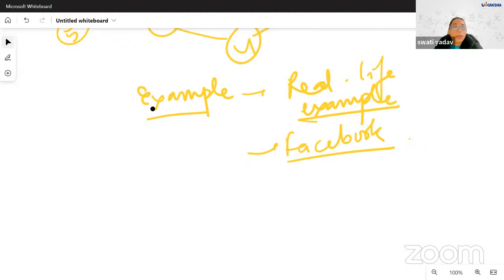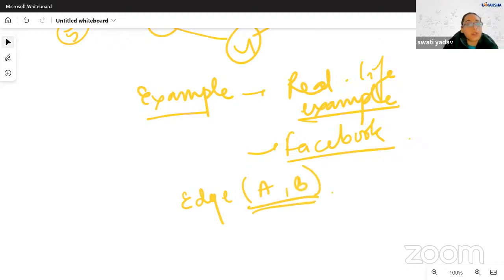So again, one thing to remember is that a graph contains a collection of nodes, which are also called vertices. Now, a collection of edges connecting the vertices, okay, that is represented as an ordered pair. Okay, so you could say one edge could be, let's say you have a point A to B. This is your ordered pair.